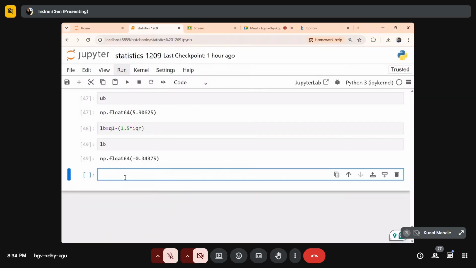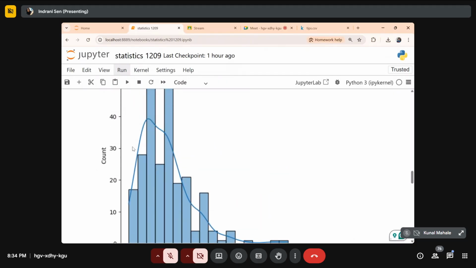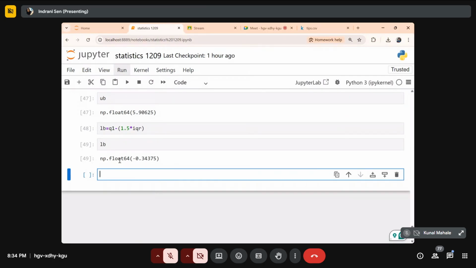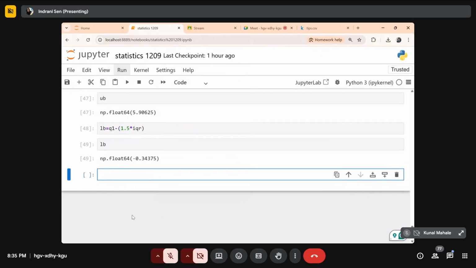Okay, now I will check whether any data in the tips column is more than the upper bound. There cannot be anything below zero, so naturally there is no lower bound here, no outliers on that side, but there can be data which is more than 5.9. So I'm just going to filter that data.